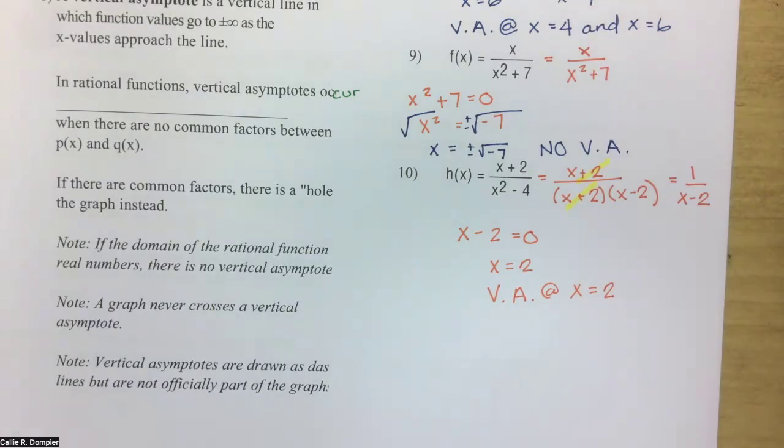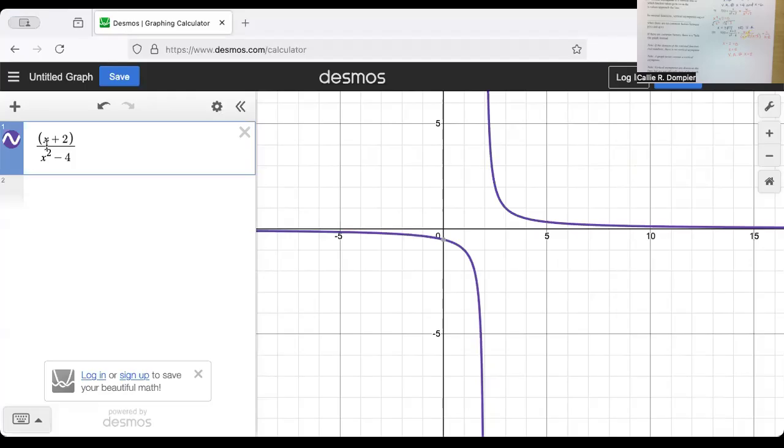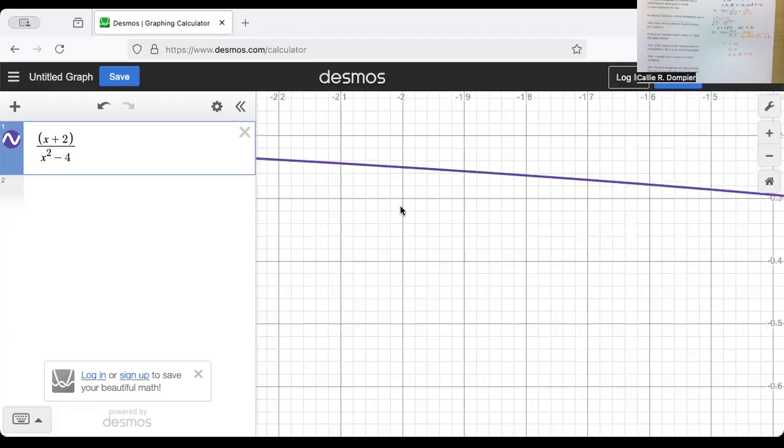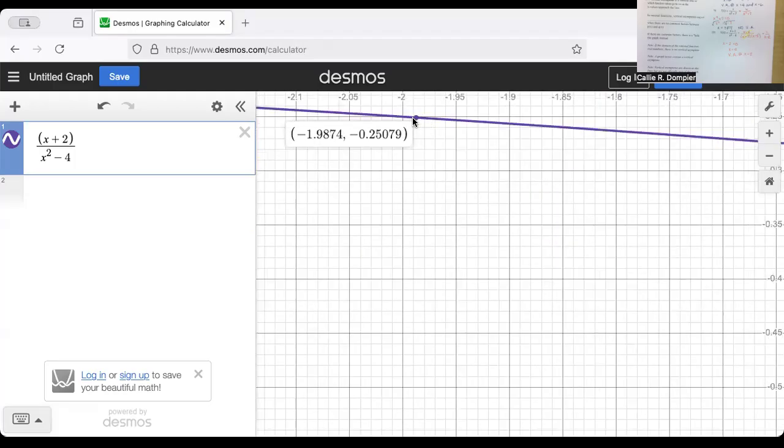Show you the graph. All right, this is x plus 2 divided by x squared minus 4. We can see an asymptote at x equals 2. We also had x plus 2, right, before we factored it out because it was common to the top and the bottom. So if I go over here on my line to negative 2, I see that it's a hole. It's hard to see because we can't zoom in close enough, but if you run your mouse across it, that hole will become open because negative 2 is undefined, okay?